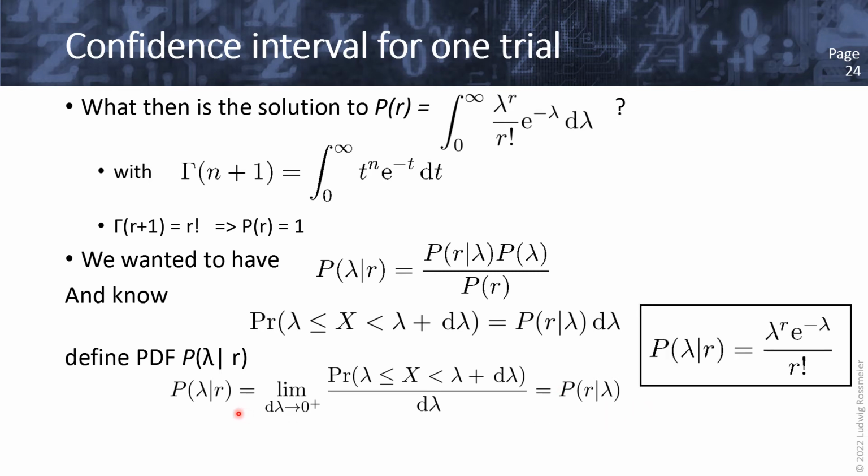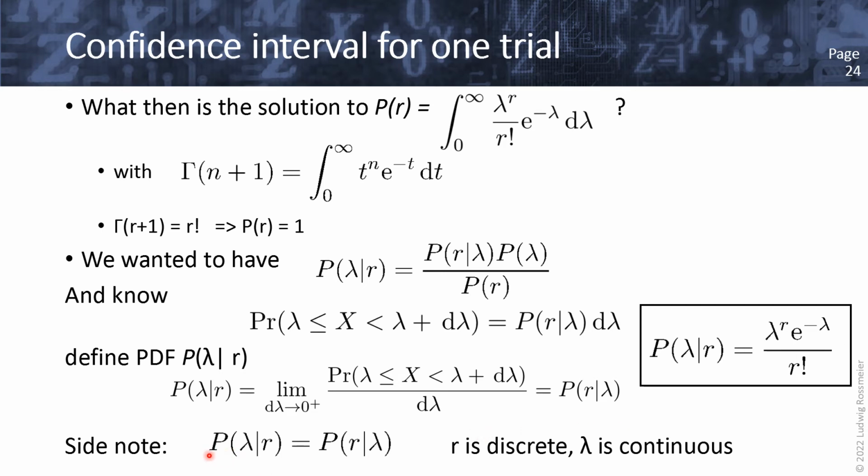In the end, P of lambda given r is the same as P of r given lambda, and this P of r given lambda we know already, we have from the Poisson distribution.